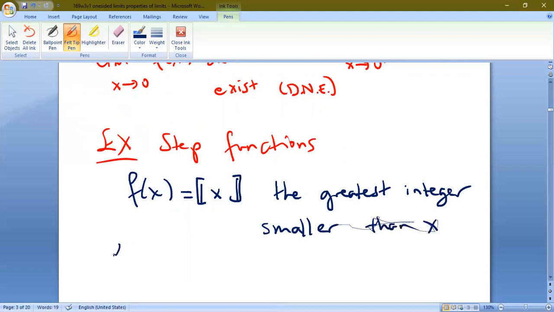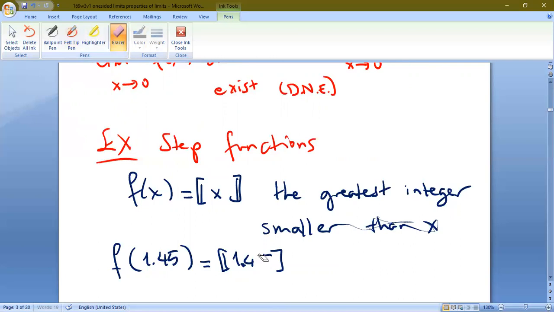So, for instance, you can think about f of 1.45. Then this function will give the greatest integer which is smaller than 1.45, which is equal to 1, right? Because 1 is the greatest integer smaller than 1.45.